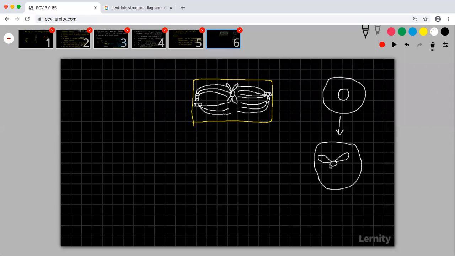This is the chromosome along with its duplicate. So now these two things have to be separated. So how will they be separated? The spindle fibers will come and attach here, and these spindle fibers will come and attach here. So this will try to pull it in this direction, and this will try to pull it in that direction.